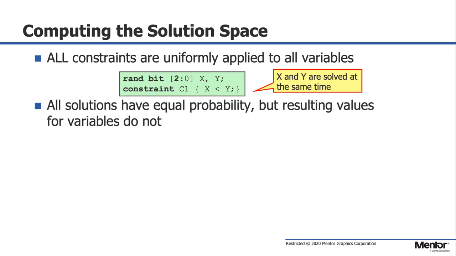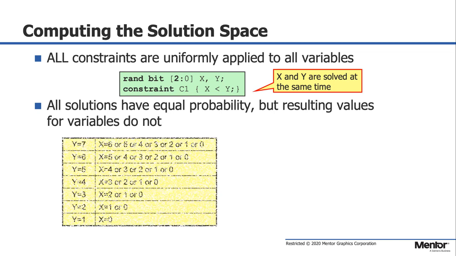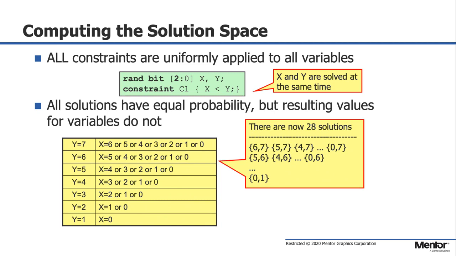As we said before, all the possible solutions have an equal probability, but if we look at the values for each of the variables, they don't have the same probability. So now we have 28 possible solutions. And when y is 7, for all those solutions there are 7 possible values of x. When y is 1, there's only one possible solution for x, and that's x equals 0.